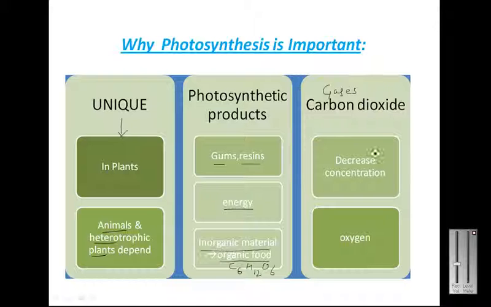We know we have around 0.03% of carbon dioxide and 21% of oxygen in the atmosphere. So the plants maintain this level by decreasing the concentration of CO2. They take CO2 and they release oxygen. So they are helping us a lot.